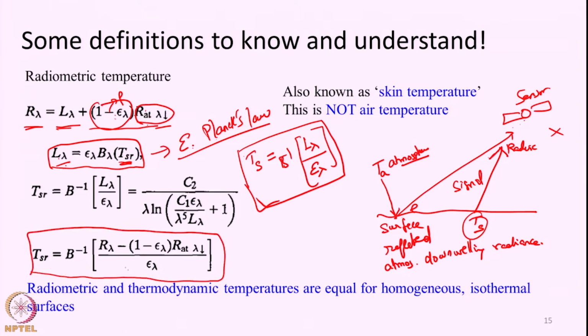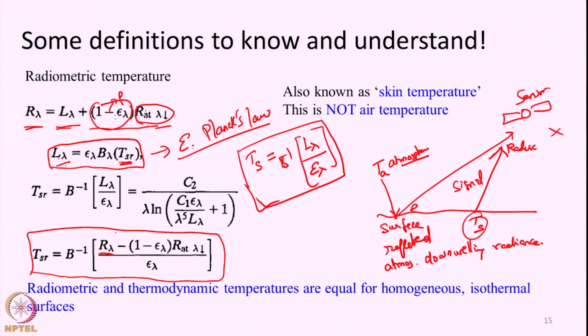So, the radiometric temperature under normal conditions will be derived from the radiance observed by the satellite, R lambda, minus the surface reflected atmospheric emitted term. There is also a path radiance term, we have seen it, but here we are neglecting it. Okay. We assume it has already been removed.